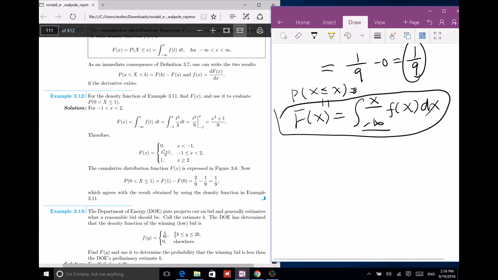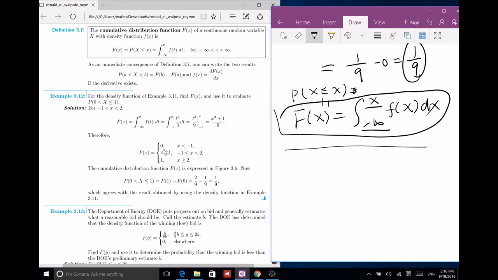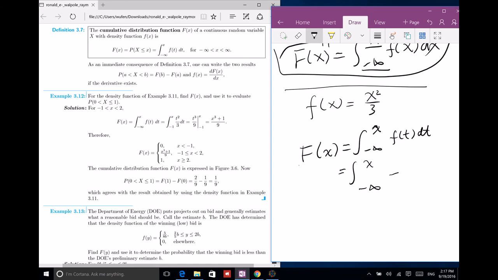Still the same example. We want to find the big F(x) for the cumulative distribution, for f(x) equals x squared over 3. We want to find the big F(x), so we take the integral from negative infinity to x, small x, of f(t) dt, which equals the integral from negative infinity to x of t squared over 3 dt.